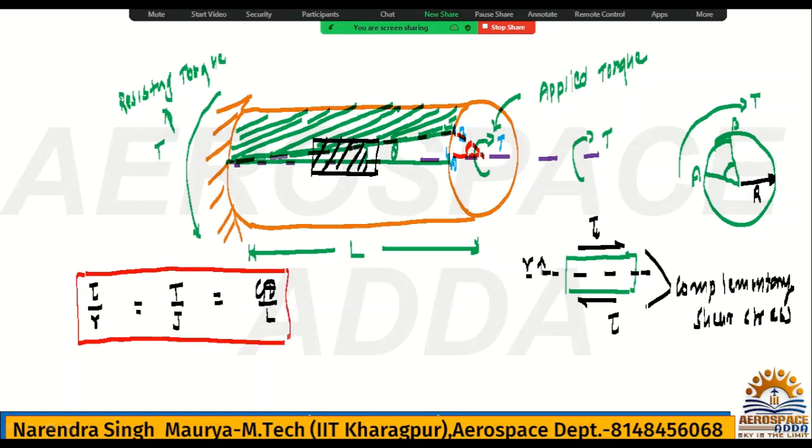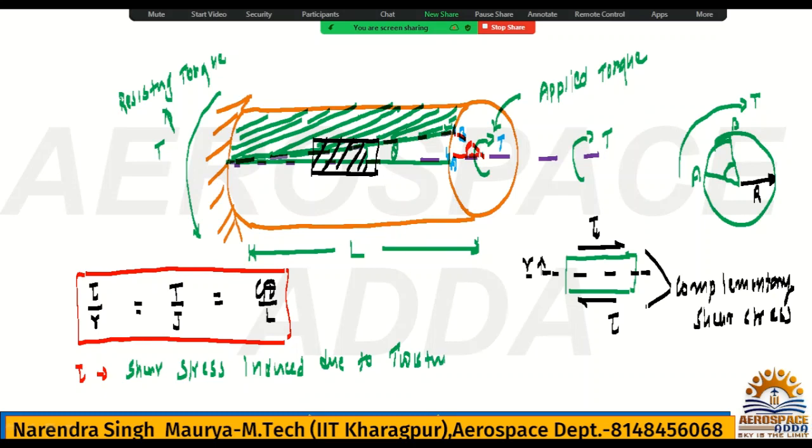At the surface of the shaft, small r will be capital R. So it is shear stress induced due to twisting moment. Twisting moment means torque. Because of this torque, this shear stress will be induced.